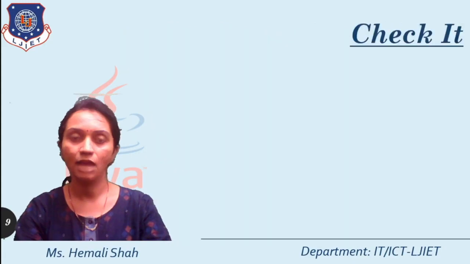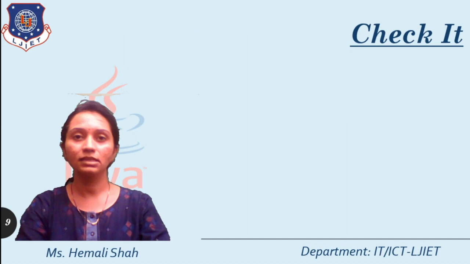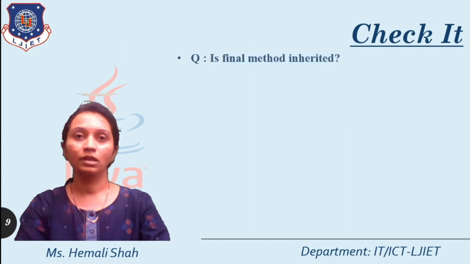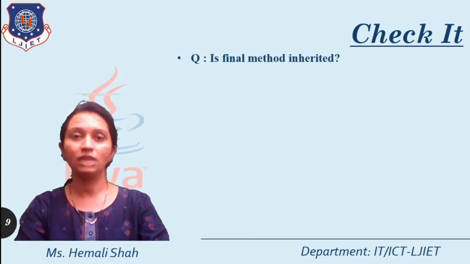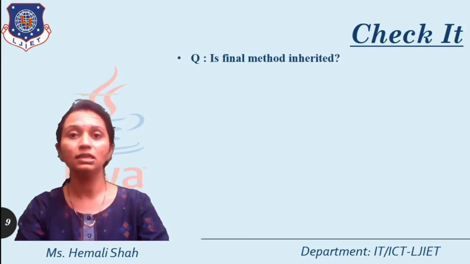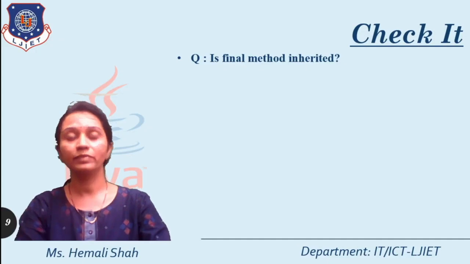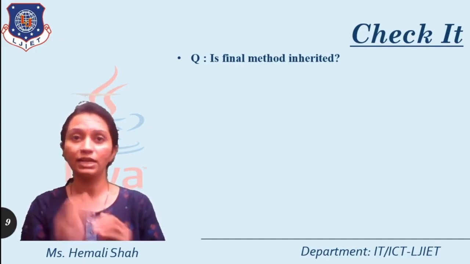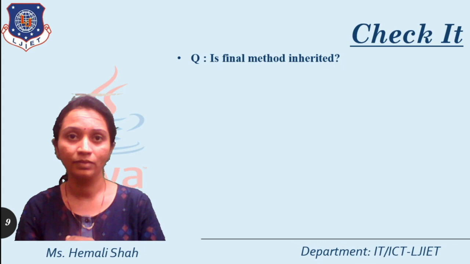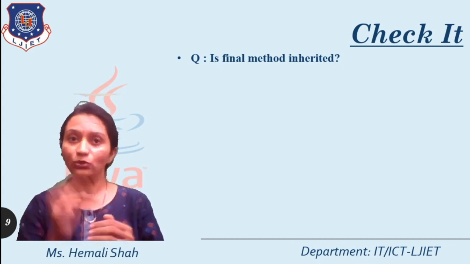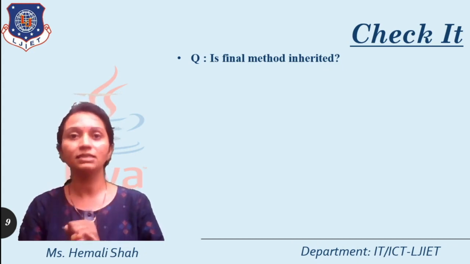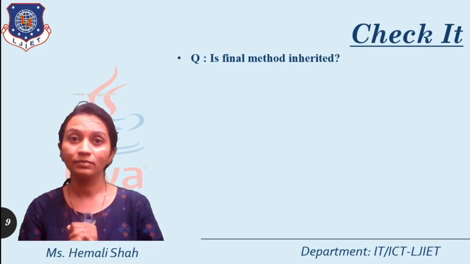Now you have to give me the answer if you people are clear with the concept. First, tell me the answer of this question: is a final method inherited? That means if you create one method as final, can the child class use that method by creating the instance of the child class?